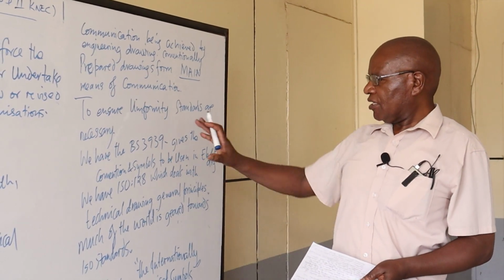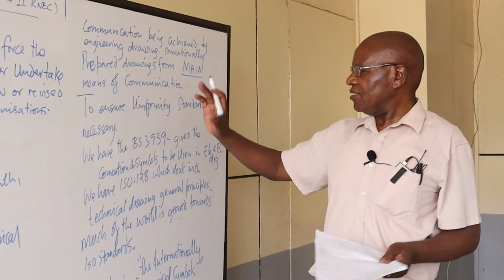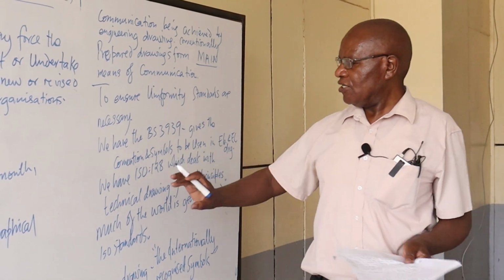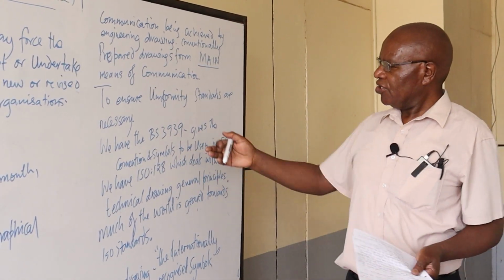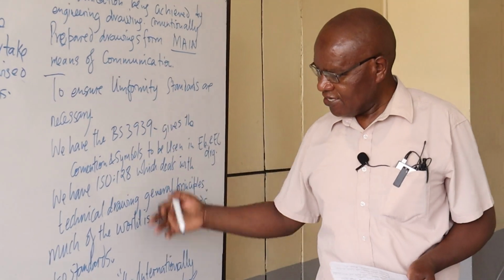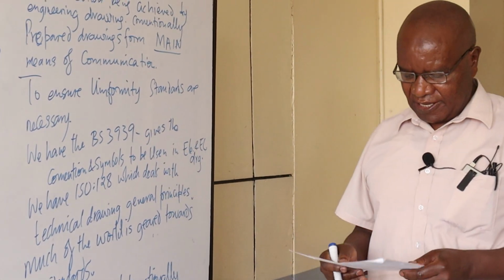And I'm sure KEBS is kind of local, but the BS has got a wider area and ISO has got also a wider area.